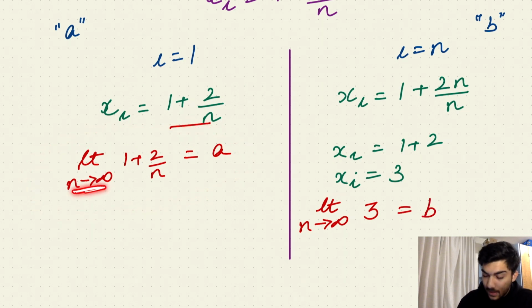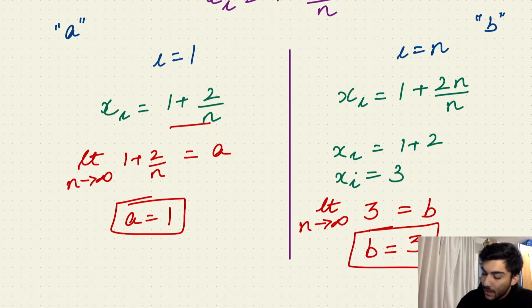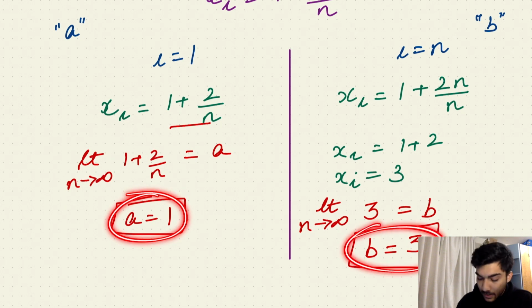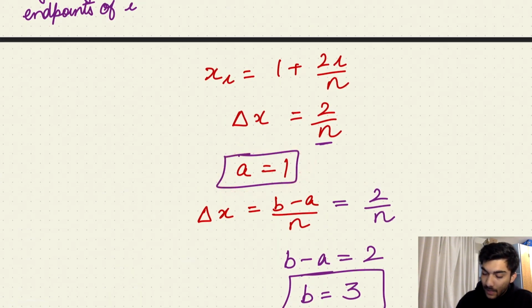Since my n approaches infinity, this term would approach 0, so I get my a as 1. And since 3 is a constant, I get my b as 3 when I take limit n approaches infinity. And you'll clearly notice that the results we got by using these calculations are exactly the same as the results we got using comparison.